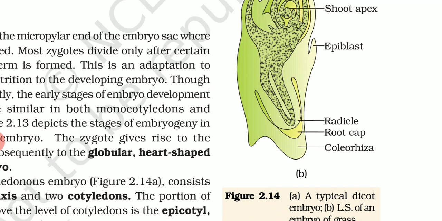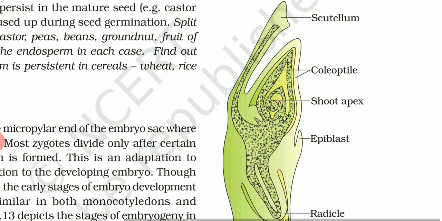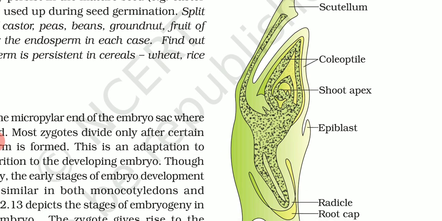Therefore, it is called coleorhiza. The upper end of the embryonal axis, or the shoot apex, is again covered by a few leaf primordia. And what is it called? It is called the coleoptile.